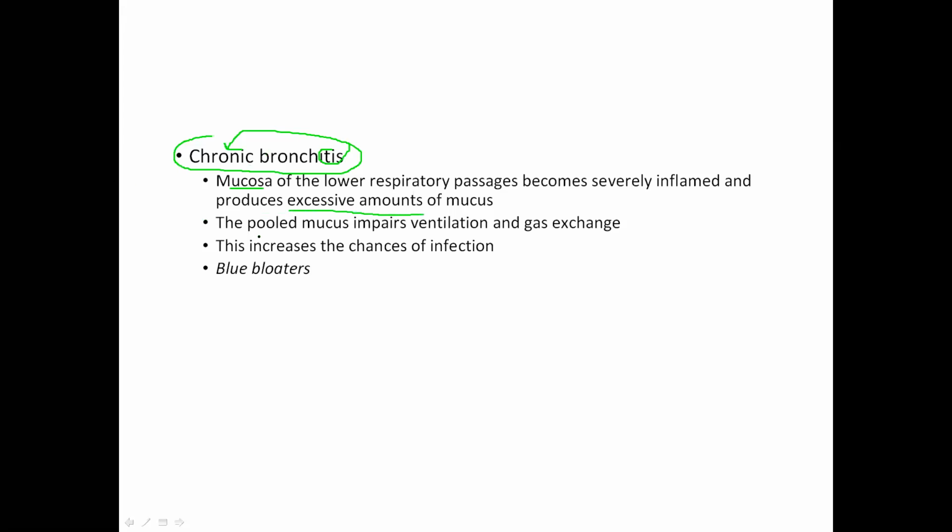Okay, so the pooled mucus will decrease gas exchange. Also this increases the person's chances for infection. And because of the lack of oxygen, they turn blue, or they can turn blue, and they are known as blue bloaters.